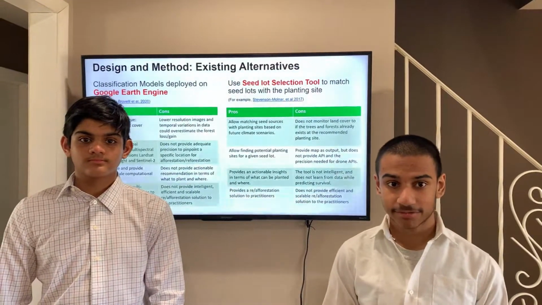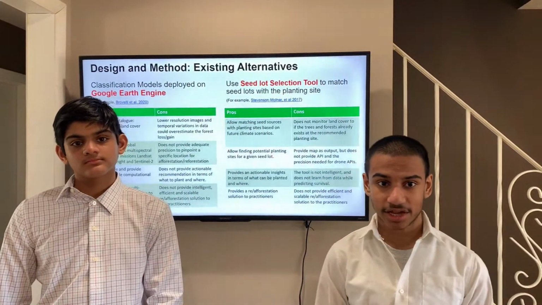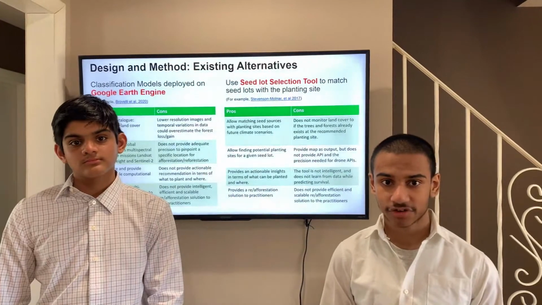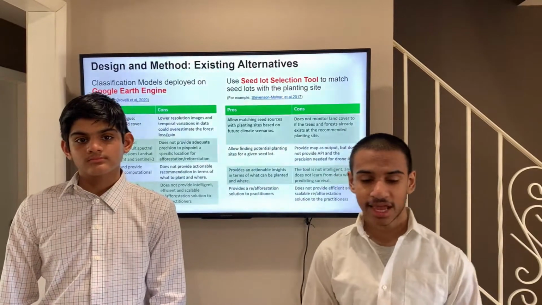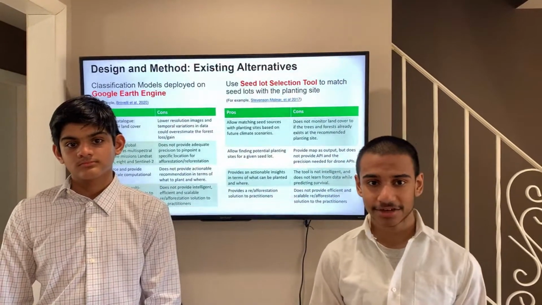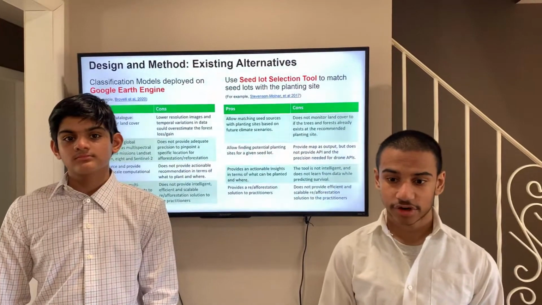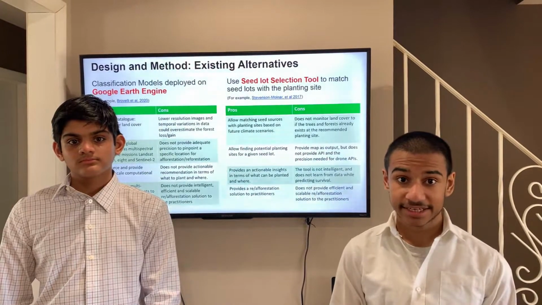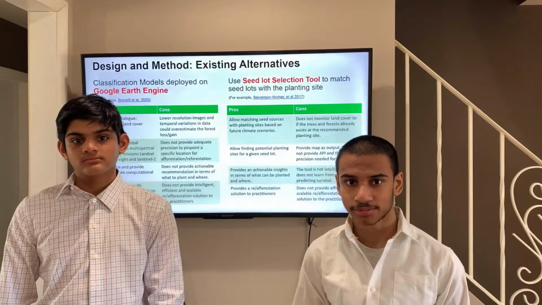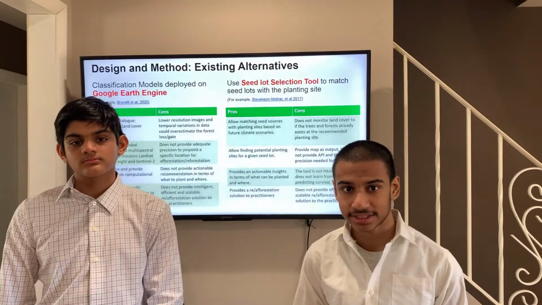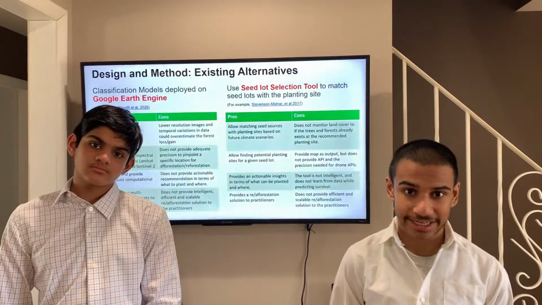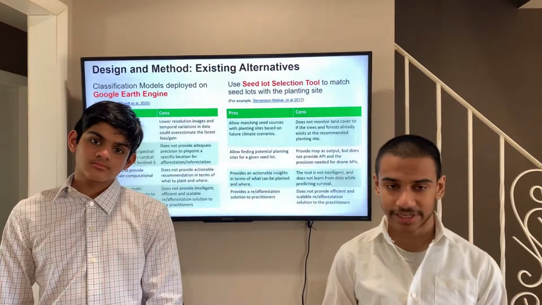It can basically recommend planting sites based on seed lots and account for future climate scenarios. However, the tool is only as good as the knowledge behind it. It can't learn from data. For example, it can't detect if there are already trees or plants at the locations it recommends. It also can't produce new insights that can guide humans.